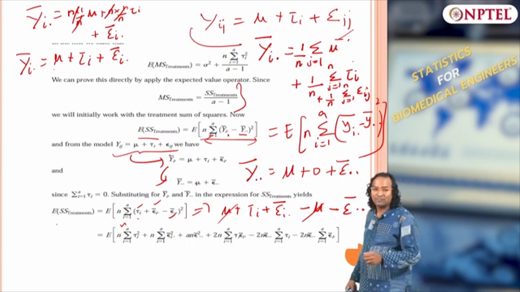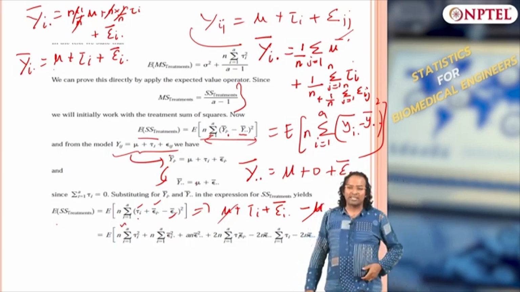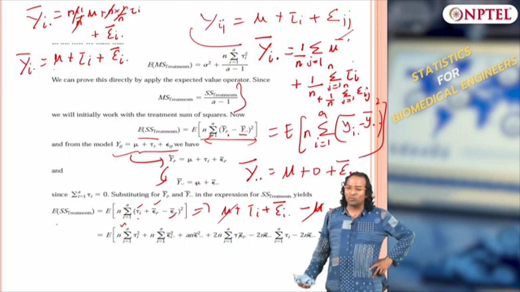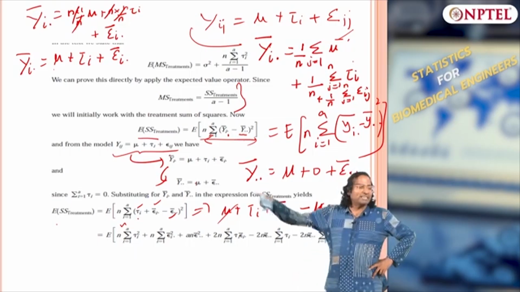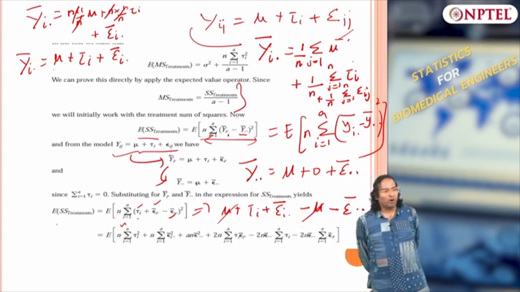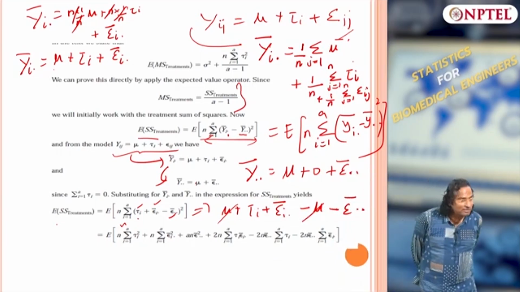What should the expectation of sum square treatment be? Take a guess. What should the expectation of sum squared error be? That is the easiest question: sigma squared, that we assumed.